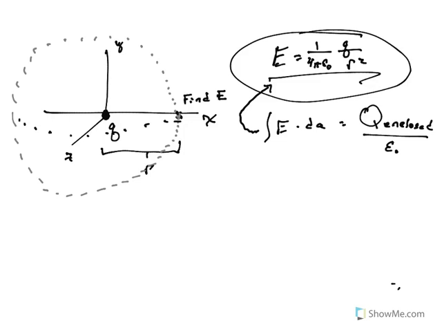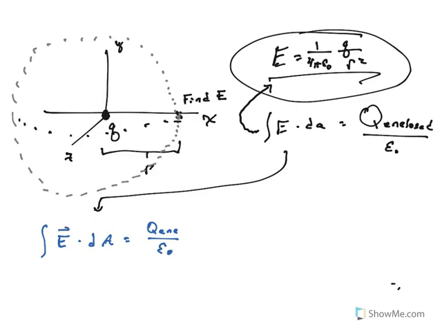And if it does, then we'll see why we want to do this. We'll see why this is powerful. So let's determine it. I want to find E and make sure it's equal to that stuff. So let me go over here, and I'm going to say, okay, integral E dot dA is equal to the total charge enclosed over epsilon naught. Now let's look at this integral.